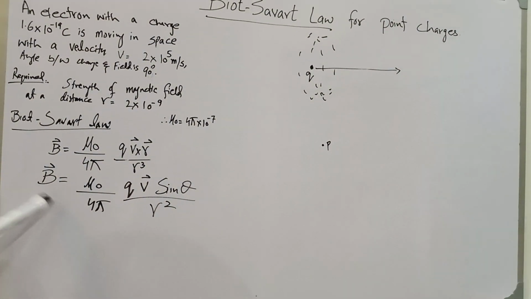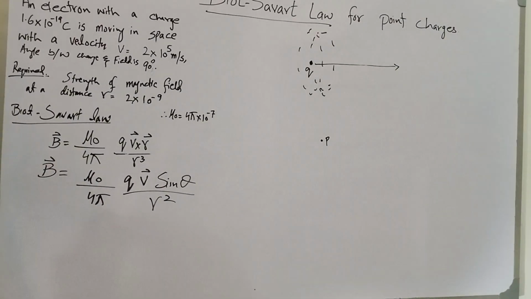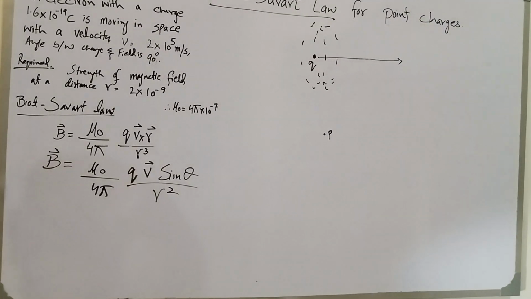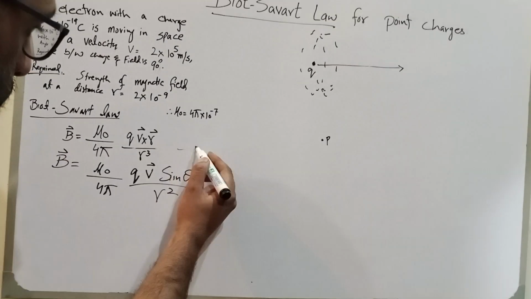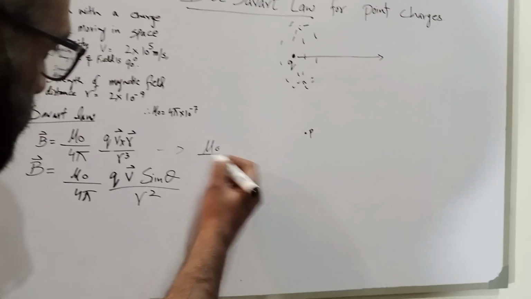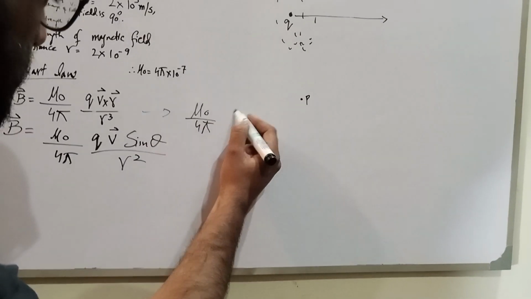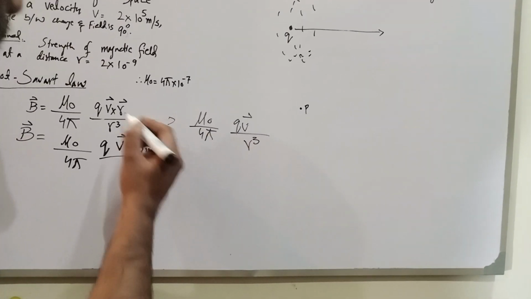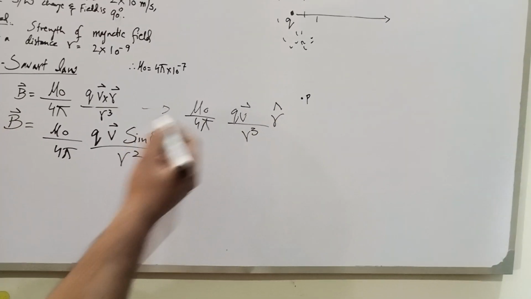So this is one way, and the other is if you are using a unit vector. Then we'll do a little math here: mu naught over 4 pi, q v divided by r cubed, into the r unit vector.